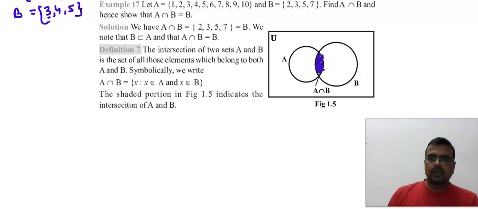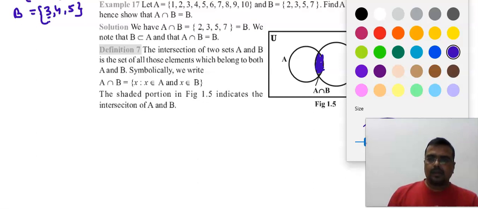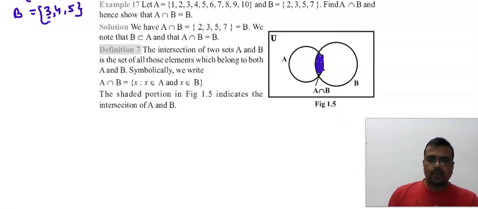So that is A intersection B. Now what is A union B? A union B is actually all whatever is A or B. So you can see the yellow coloring. So either in this section or in this section or in this section, whatever is there in these three sections will be the part of A union B, right?